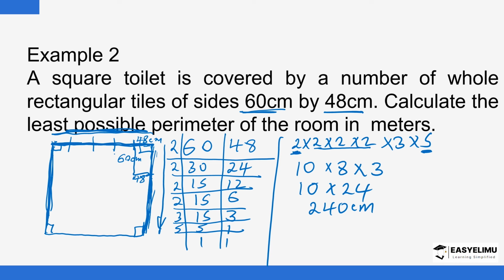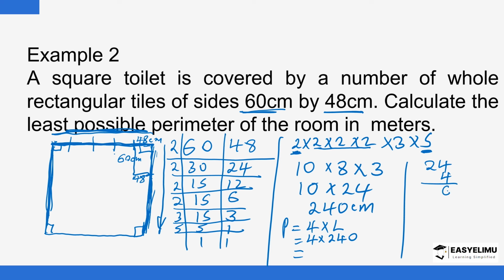So that is the length of this room. And remember, it's a square room, it's a toilet. So 240 centimeters by 240 centimeters. That is about 2.4 meters. So we need to find the perimeter. So perimeter, we'll use our formula. So perimeter is 4 by the length, which is going to be 4 by 240. So again, how do you do that? I'll just multiply 24 by 4, and then I'll add the 0.